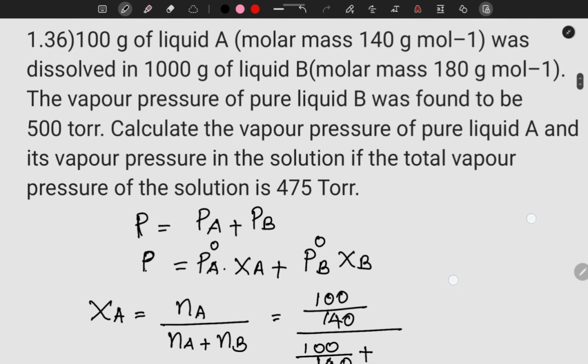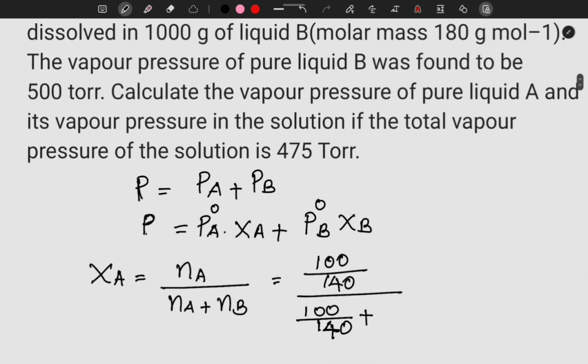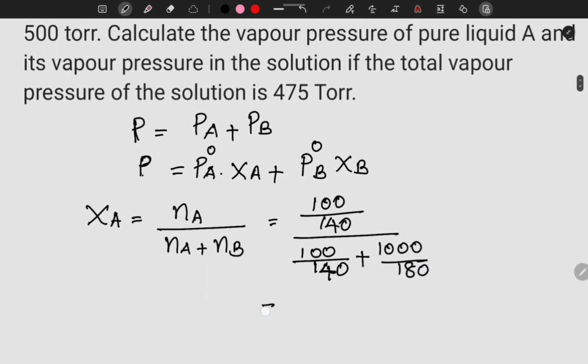Then it is dissolved in 1000 gram of liquid B. So mass of liquid B is given as 1000 and its molar mass is given as 180. Let us simplify this. 10 by 14, we can divide by 2, so we will get 5 by 7.